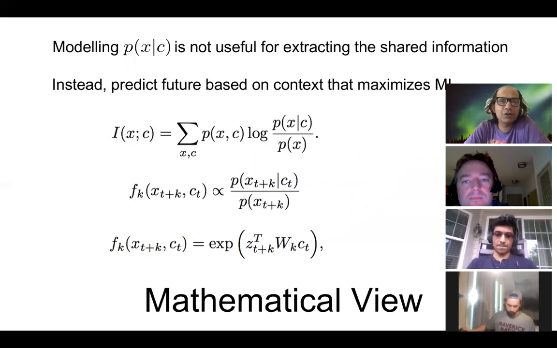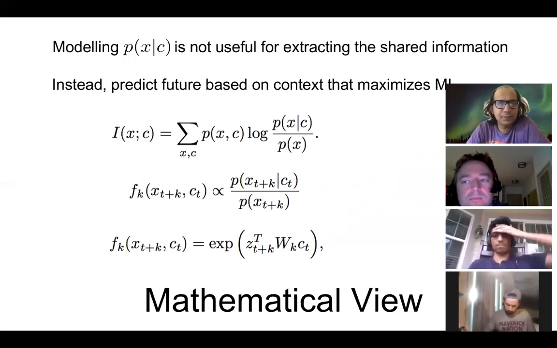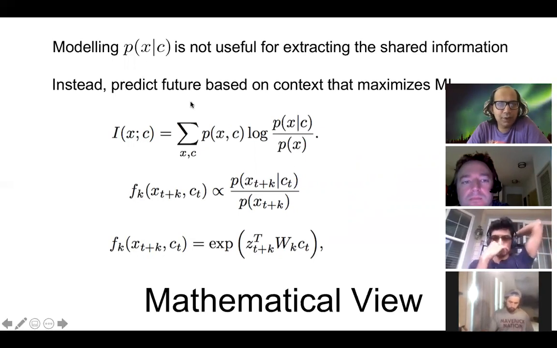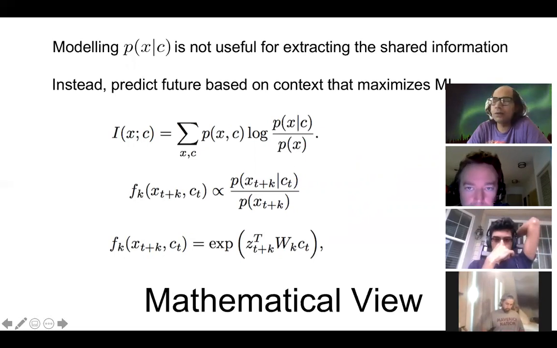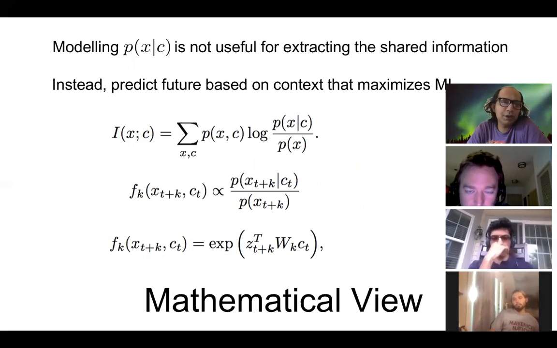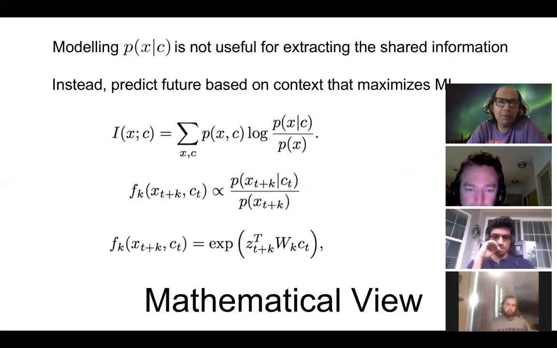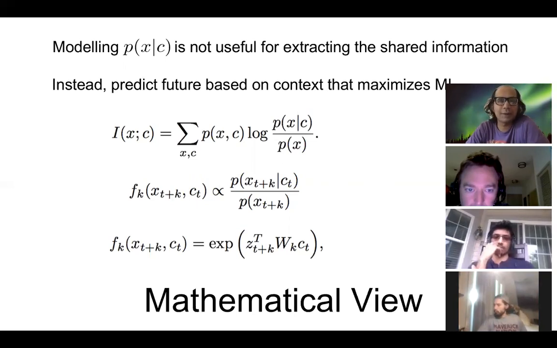That's why they tried to predict multiple future samples based on the current context. And intuitively, it will help us maximize mutual information between the present and the future instances of the signal.